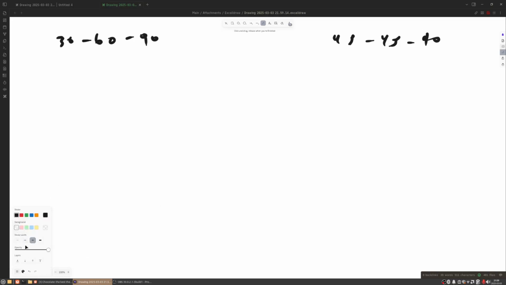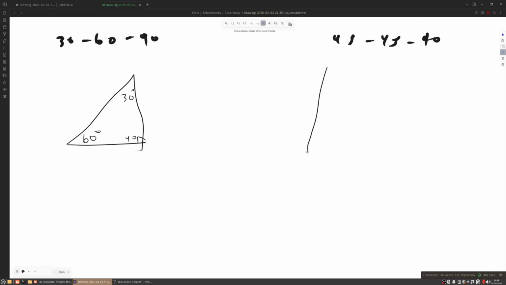So with this right here, the 30, 60, 90 is essentially saying that you have 60 here, 30 here, and you have 90 here, right? 45, 45, 90 is saying that you have 90 here. Actually, it doesn't matter what it looks like, but we have a right triangle, 90 here, 45 here, 45 here. So for clarity, I'm gonna do this.